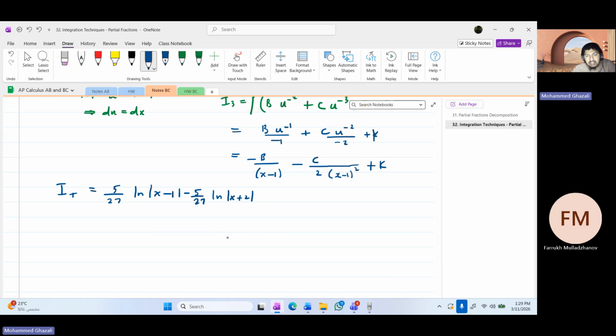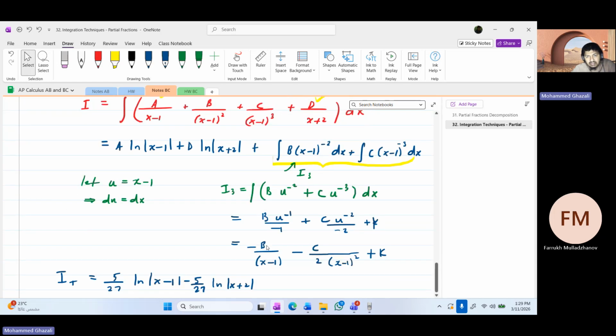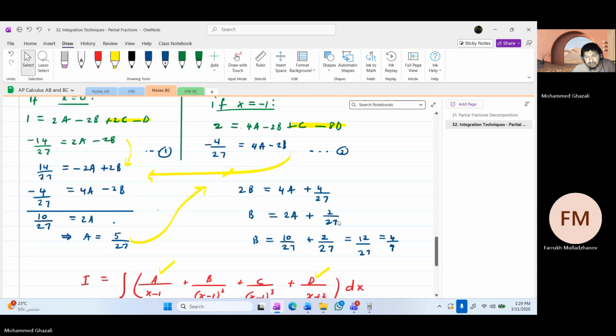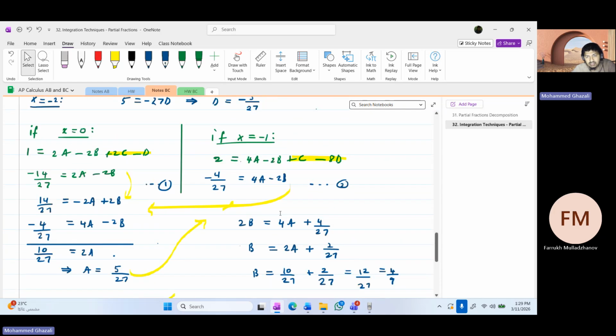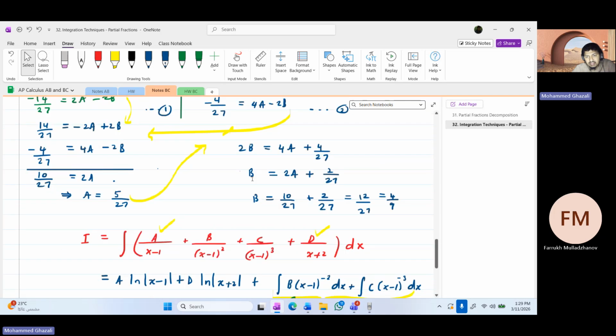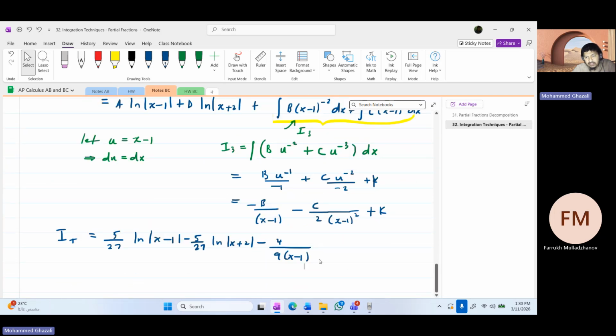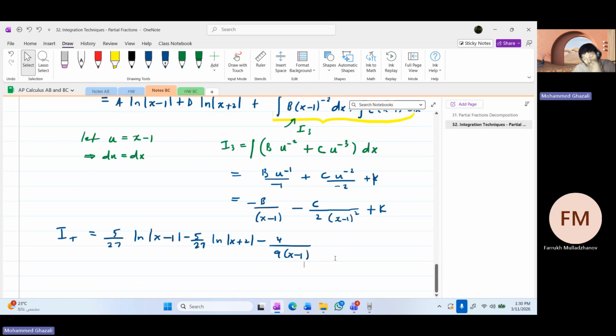The value for B was 4 out of 9, so minus 4 out of 9 over x minus 1. Value for C was 2/3, but now you have 2/3 divided by 2, so 1/3.